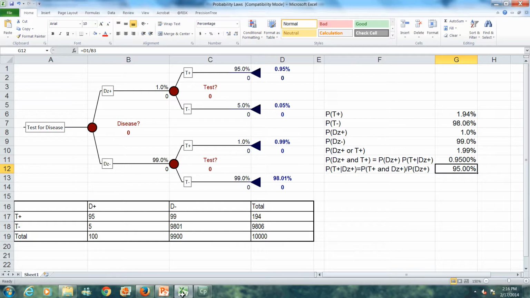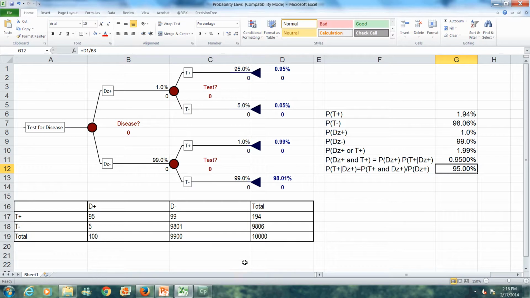Among the people who are disease positive, 95% tested positive and 5% tested negative. Look down here at this branch. Of the people who don't have the disease, 1% tested positive, 99% tested negative. Now what this model does is it completes the arithmetic for us.